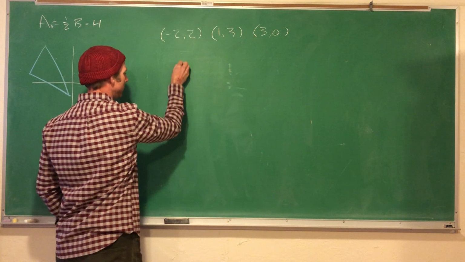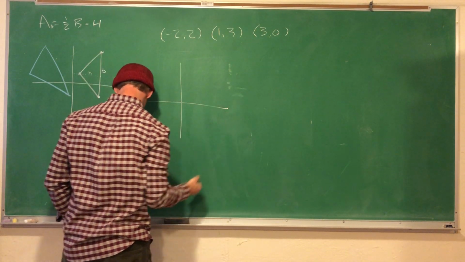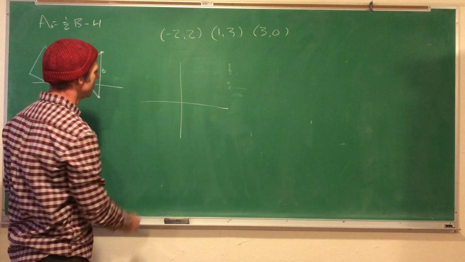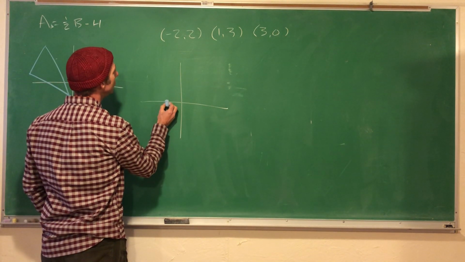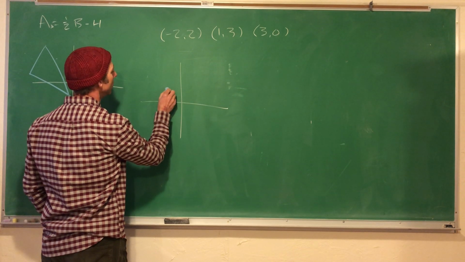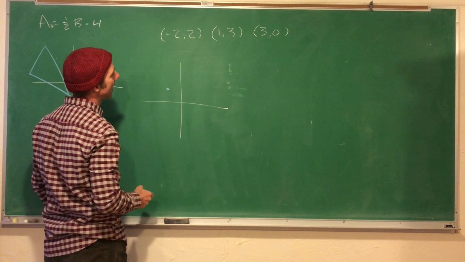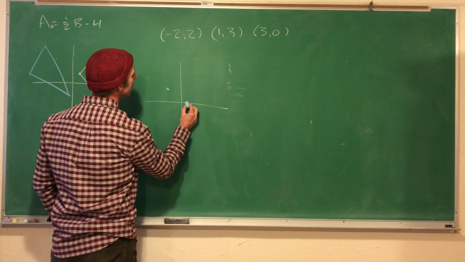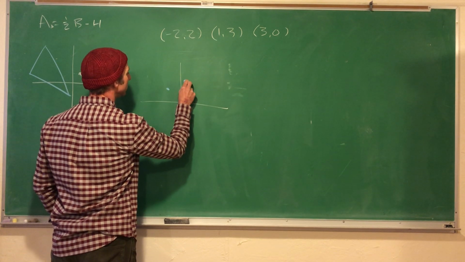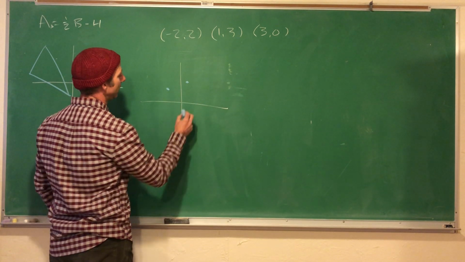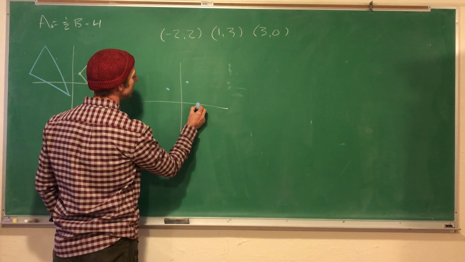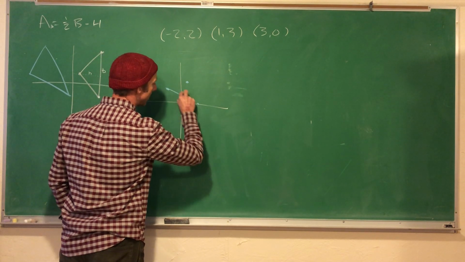Let's just graph that really quick. So -2, 2, that, 1, 3, something like that, and then 3, 0, something like that.